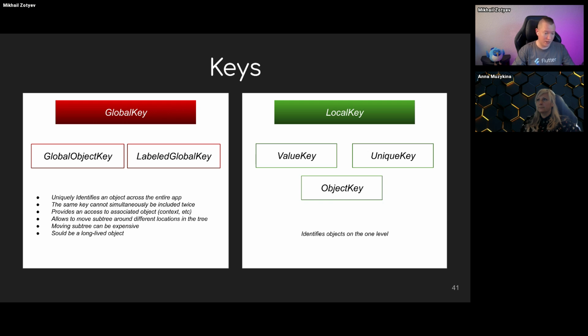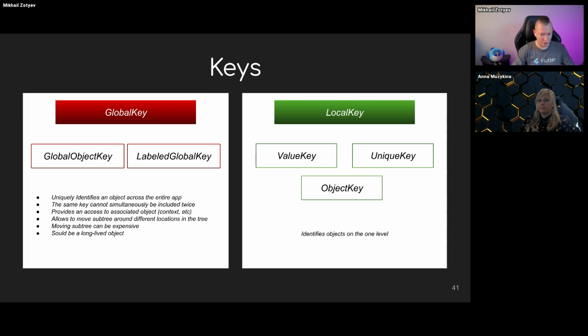But it can also be really expensive, because if this subtree is huge, for deactivating, Flutter will go through all nodes and call deactivate, and then when we reuse, it goes again and calls activate for each of them, which can be really expensive.